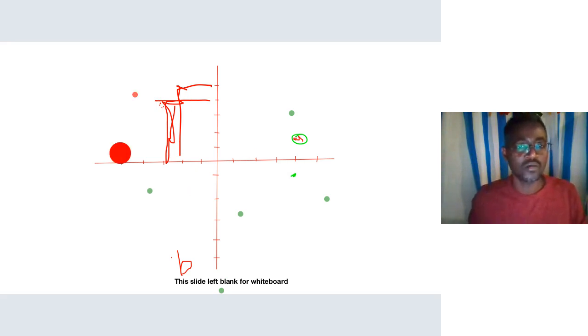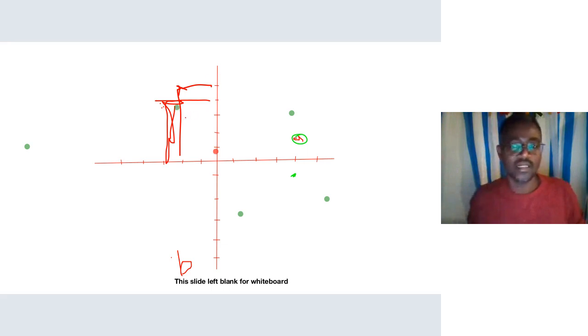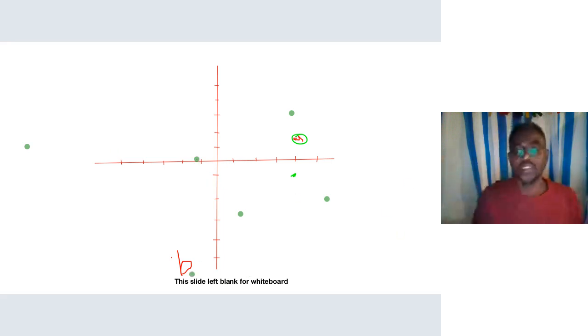So clear your board, okay, guys, you have to clear. Good. Okay, excellent, excellent. Now just look at the points. So I'll also clear the green one here.